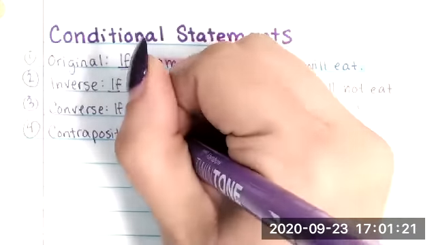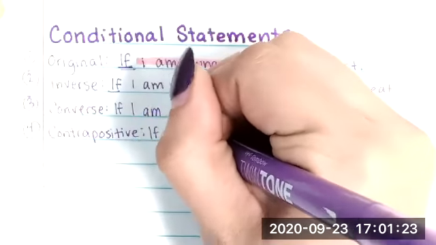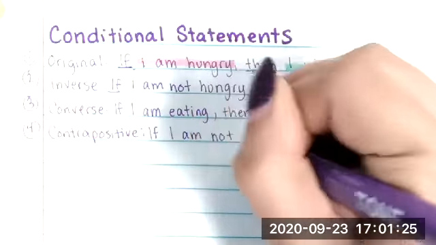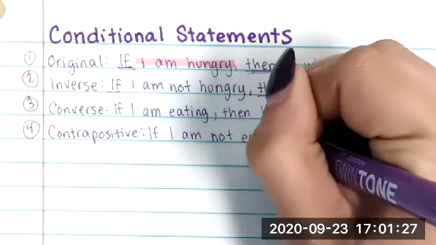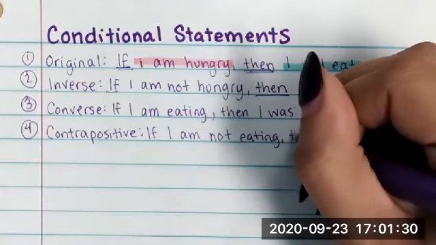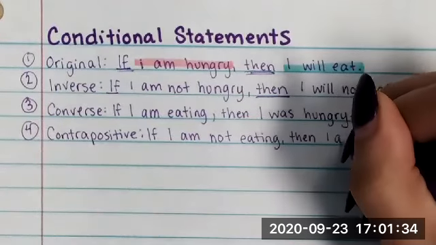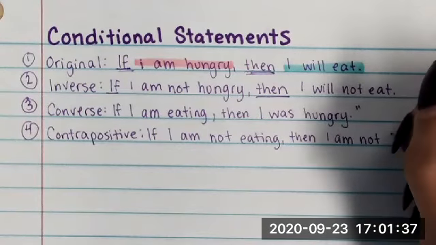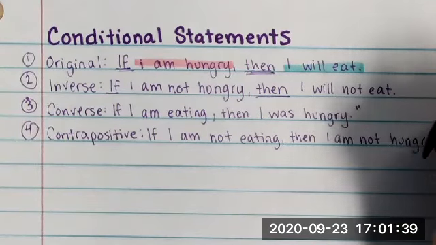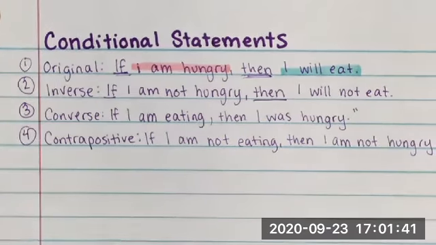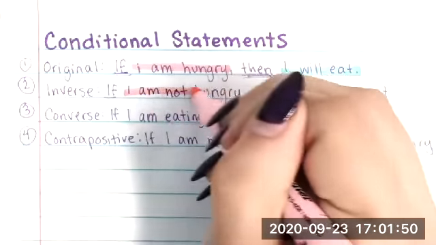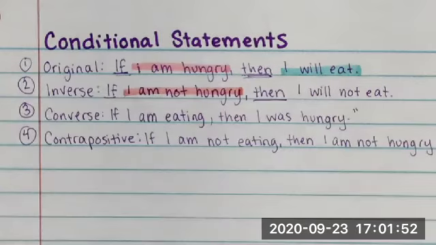So if I am not eating, then I am not hungry. So some statements take a little bit more playing around than others to get them to make grammatical sense, but the same idea should always be the same.